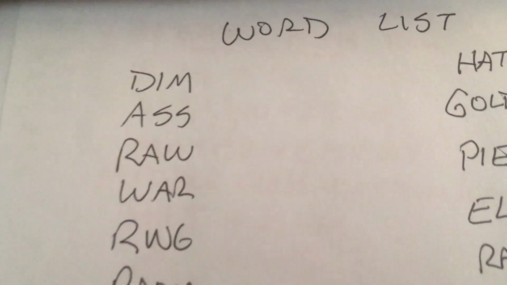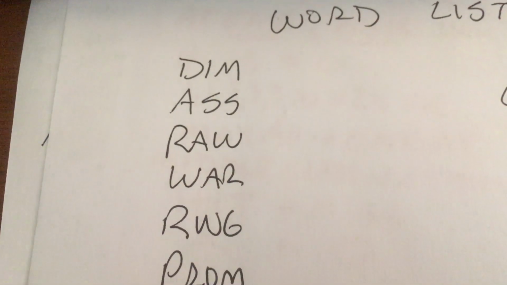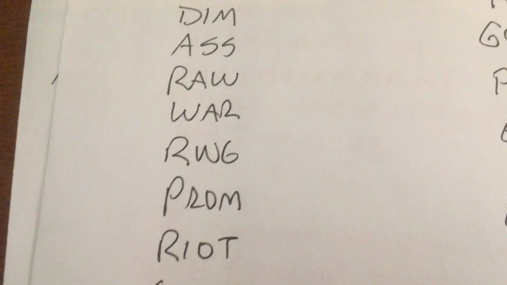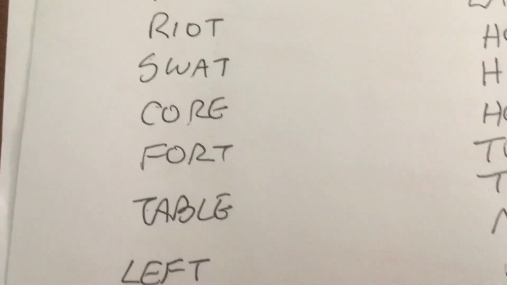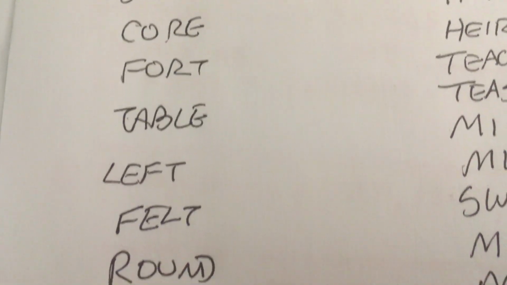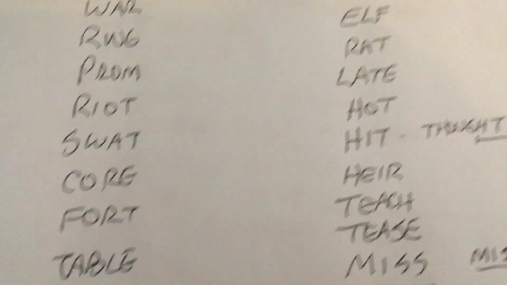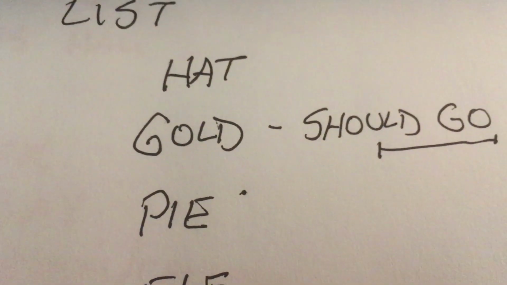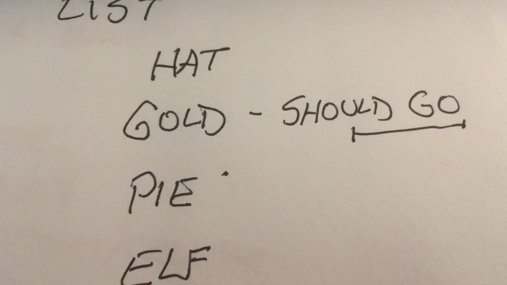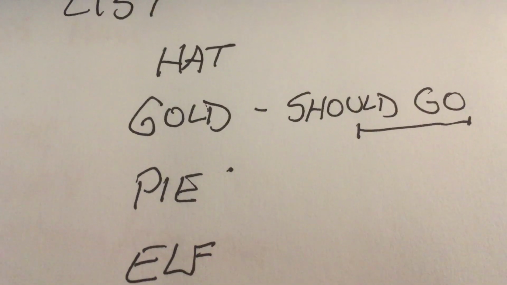Here's my word list that I came up with. Dim, ass, raw, war, ring, prom, riot, SWAT, core, fort, table, left, felt, round, let's continue, hat, gold, that sounds important, right? See how G-O-L-D is in there?